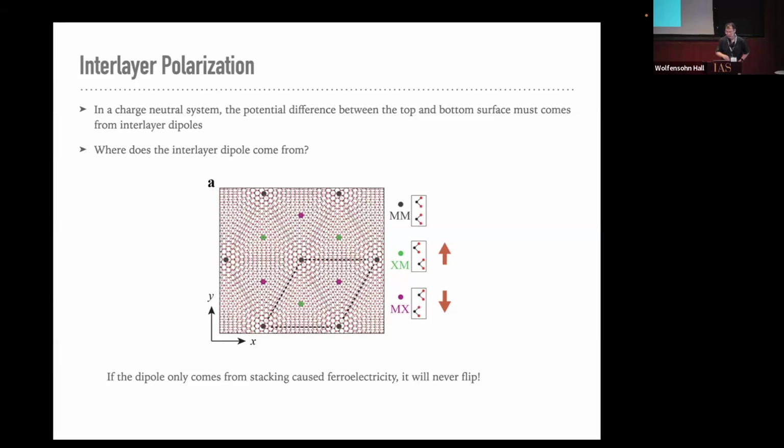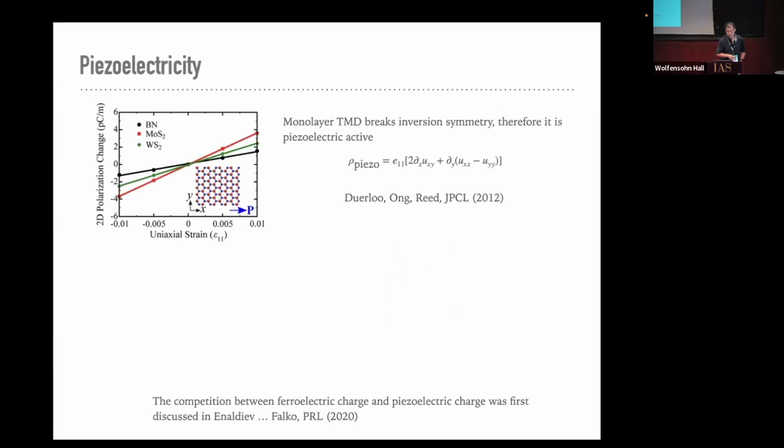So there must be a competing mechanism. Where does it come from? This competing mechanism is due to the fact that in a monolayer TMD, inversion symmetry is broken, which makes it piezoelectric active. Even though inversion symmetry is gone, you still have a threefold rotation symmetry, which forbids any development of an in-plane dipole.